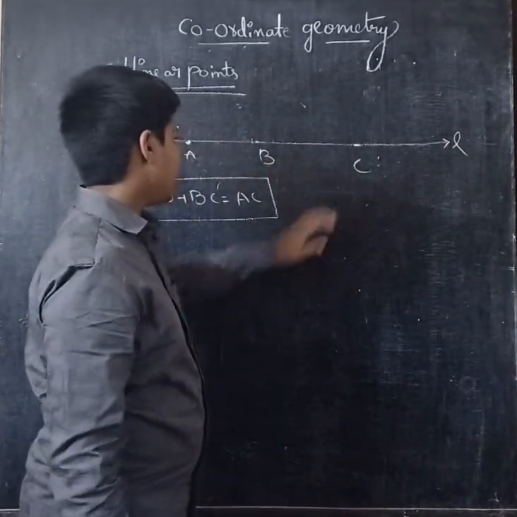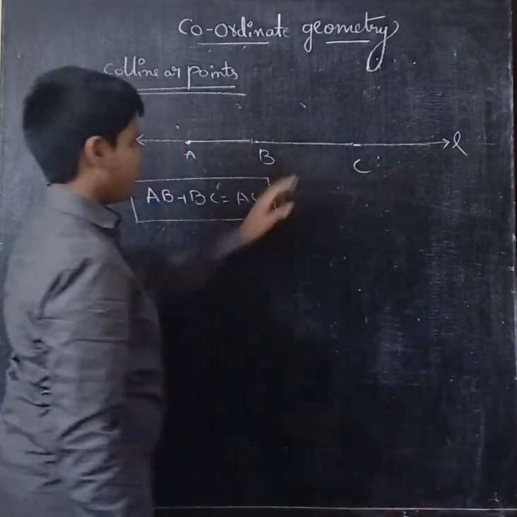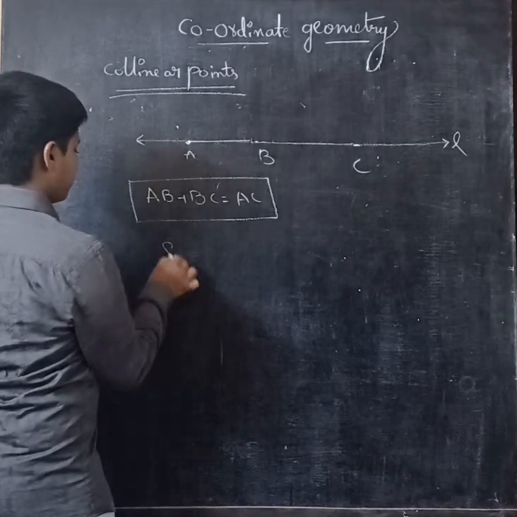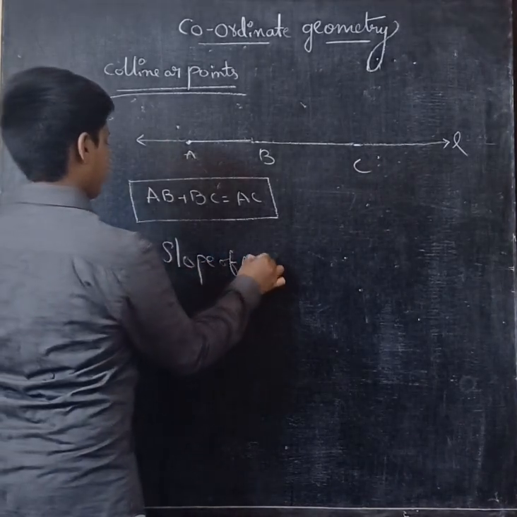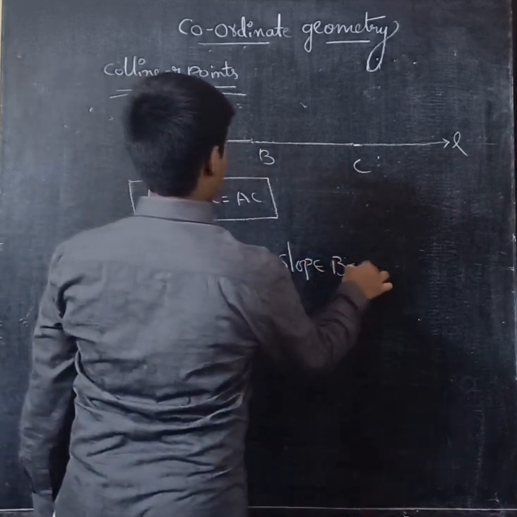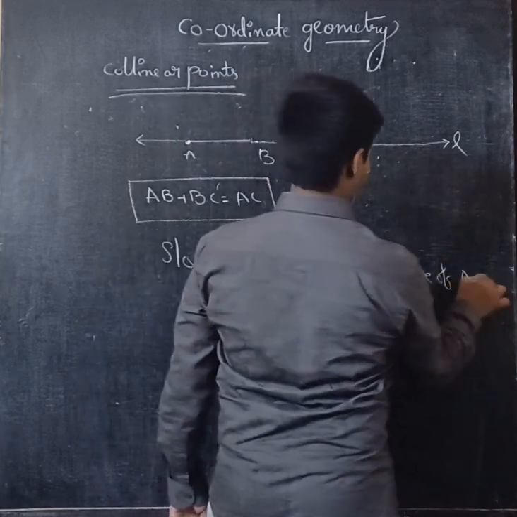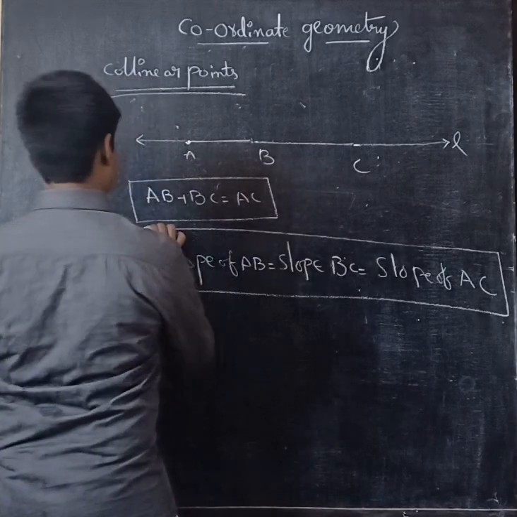These are collinear points if they give the lengths of these segments. Okay, and in these collinear points, slope of AB is equal to slope of BC is equal to slope of AC. This is one of the important points.